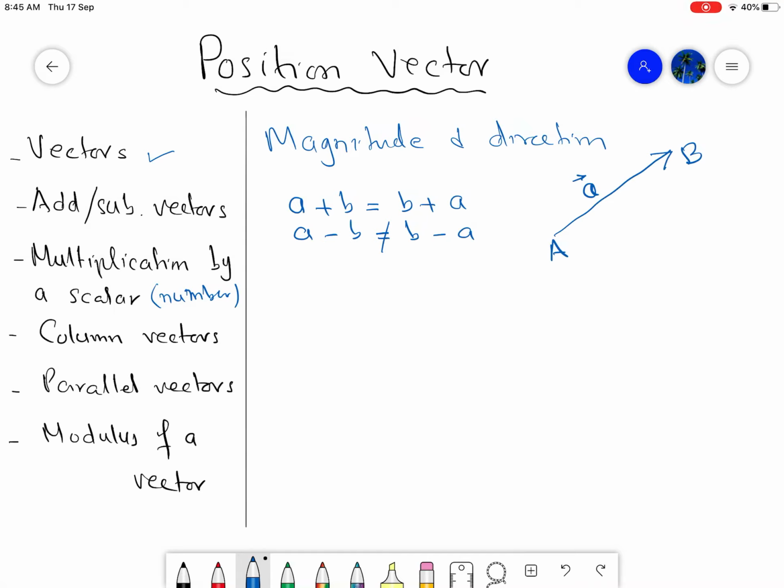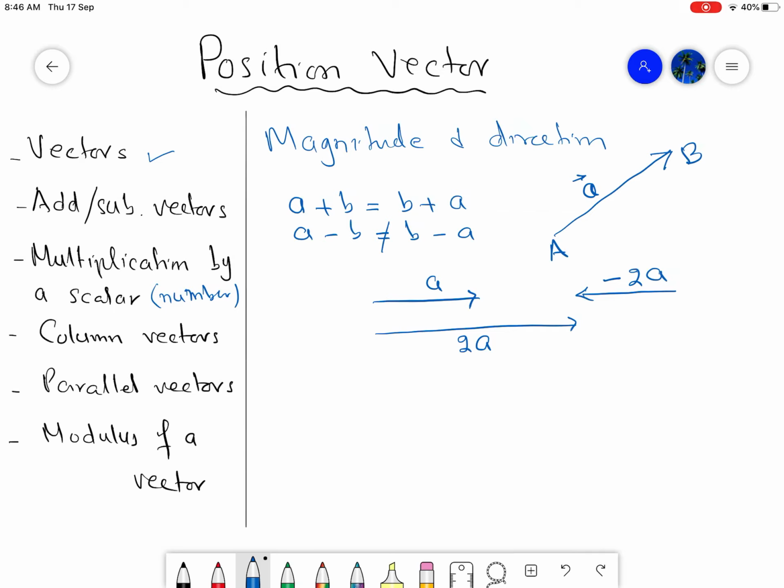So if we have a vector A and we multiply it by 2, that will end up in a vector 2A, which is in the same direction but double in magnitude as compared to vector A. You can also multiply a vector by a negative number, for example minus 2.